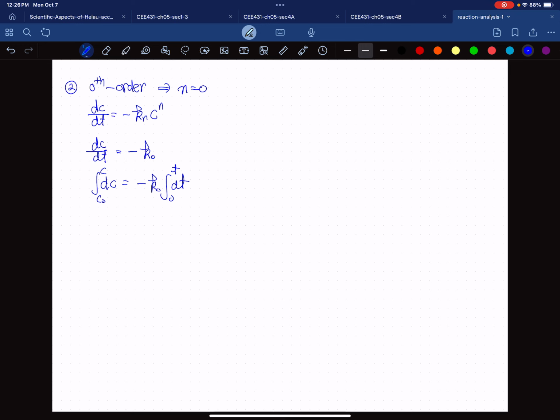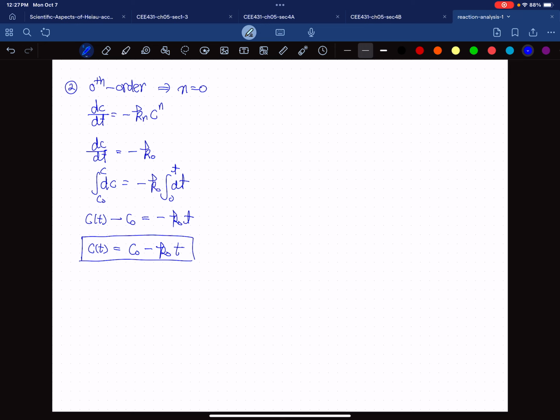If you integrate the left hand side, that is C at a given time t minus C naught, equals negative k0 times t. So finally, concentration is decreasing from the initial concentration C naught by k0 times t. This is the final equation.